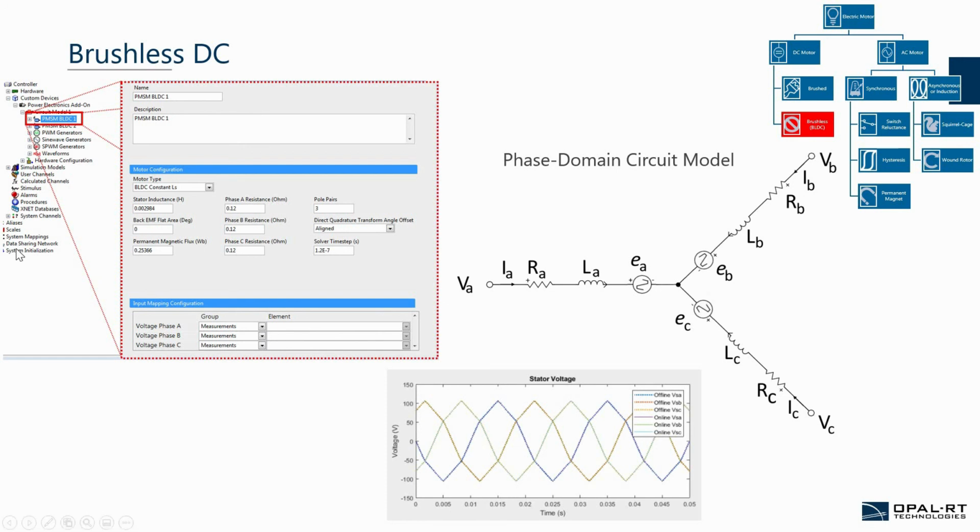You can alter the back EMF by setting the back EMF flat area parameter, located right here, and that changes the number of degrees that the machine produces a flat region for the back EMF, which you can kind of see here in the waveform picture. We indicate the trapezoidal back EMF with these voltage sources located here in the phase domain circuit of the model.